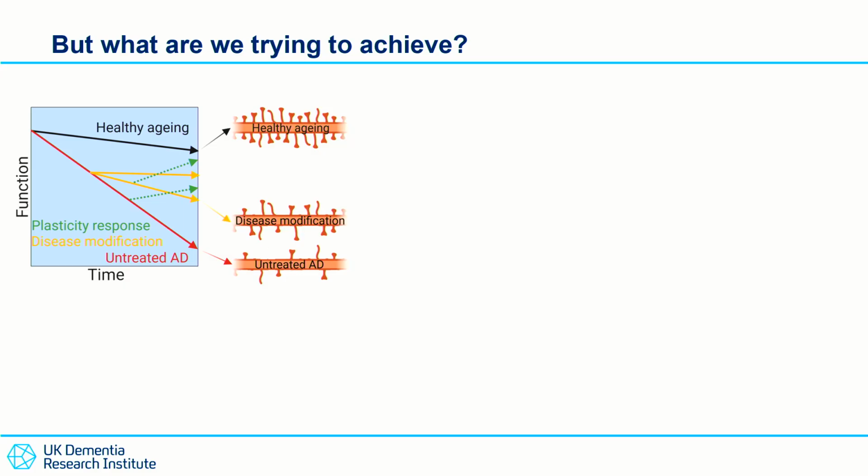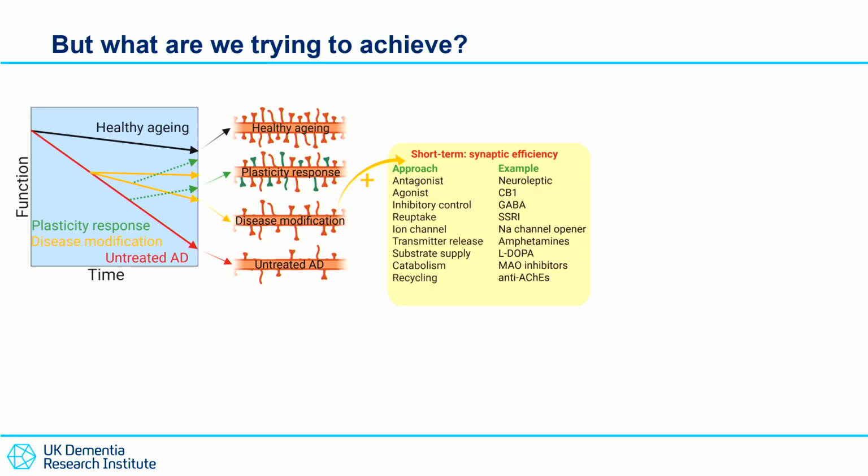We hope that with disease modification, we can ameliorate the synapse loss, but what we want to do is develop therapies that can either initiate a plasticity response or a neuroprotective response to boost the synapse numbers and function up towards the healthy aging level. And there have been ways to do this in the past, and that is to increase or enhance the synaptic efficiency.